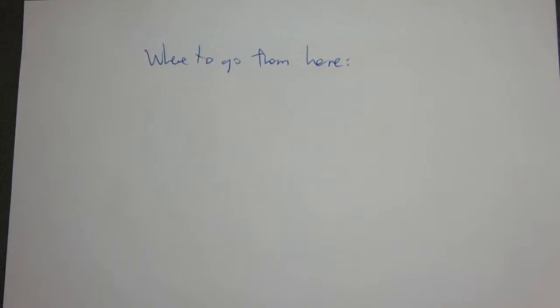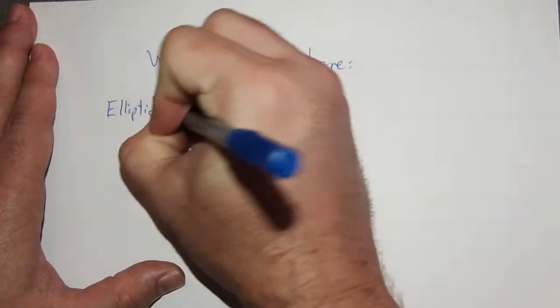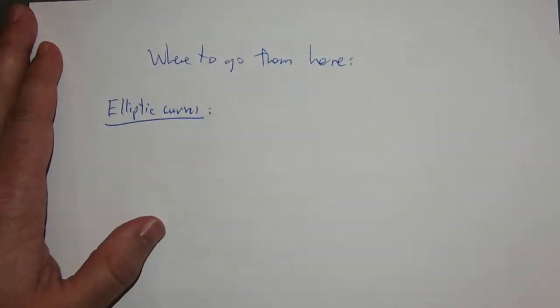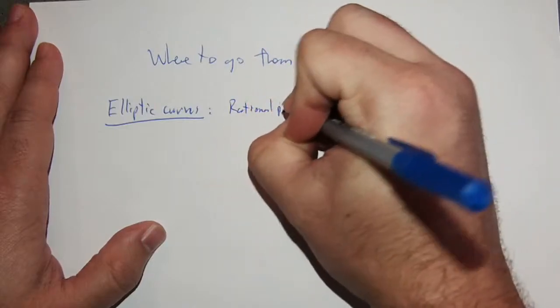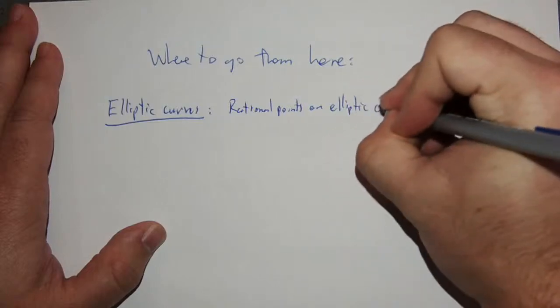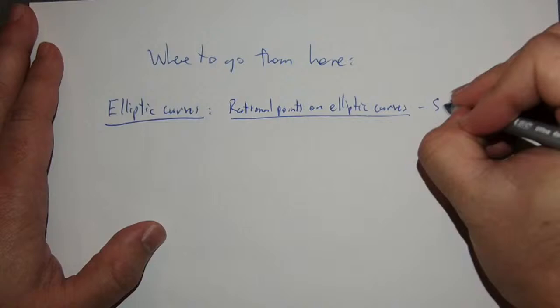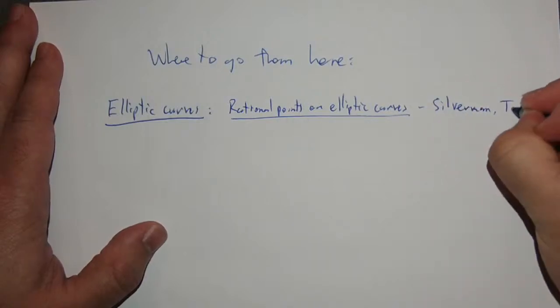But if you wanted to have a look at elliptic curves, that is one great direction that this goes. There's an undergrad text, Rational Points on Elliptic Curves, by Silverman and Tate.